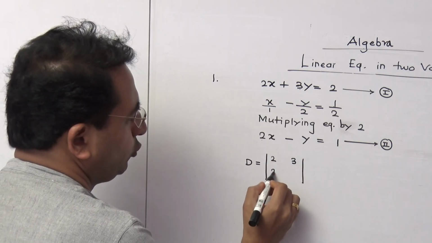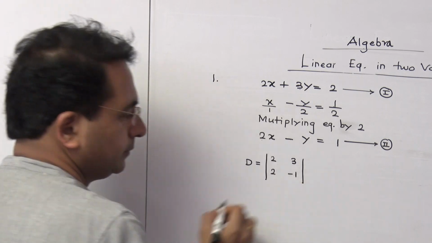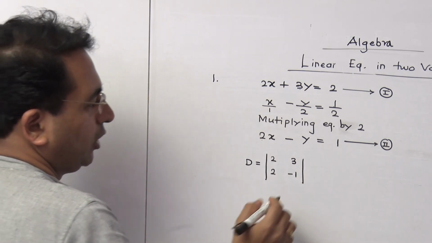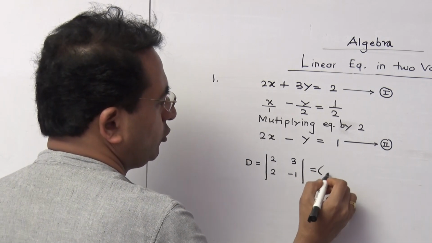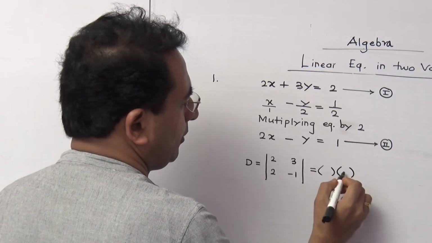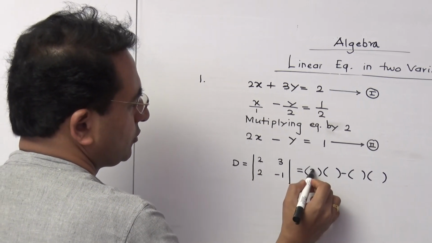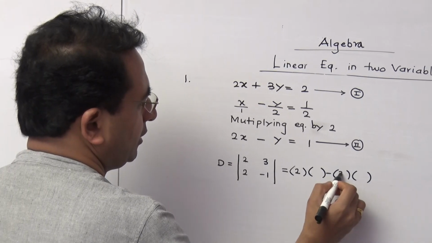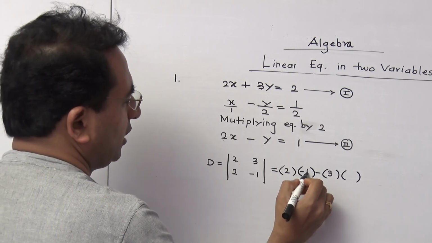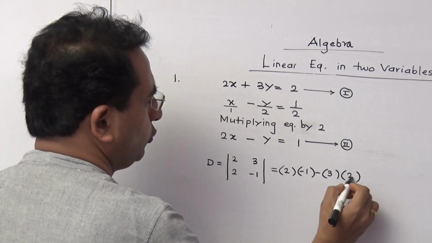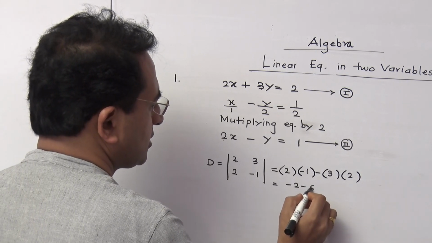This is going to be 2 and the coefficient of y is minus 1. Correct? Now what we have to do is find the answer of this. This is going to be calculated by the same method, bracket bracket minus bracket bracket. It is 2 first. This 3 we have to write here. And then crosswise up, that is going to be minus 1 and this one is going to be 2. So it is minus 2 minus 6.